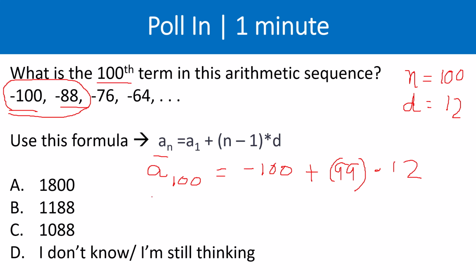All right, so the 100th term, let's go ahead and simplify the right-hand side. First, let's multiply 99 times 12. That's 1,188 plus negative 100. So we're going to subtract 100 from the 1,188 and get 1,088. So the answer is C.